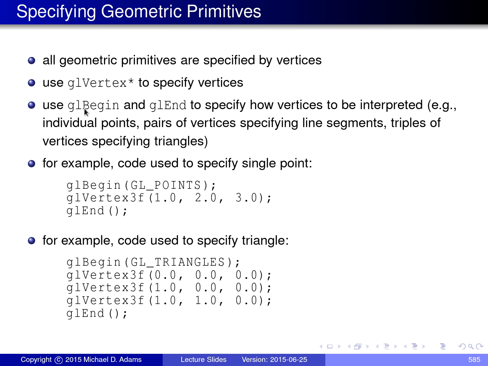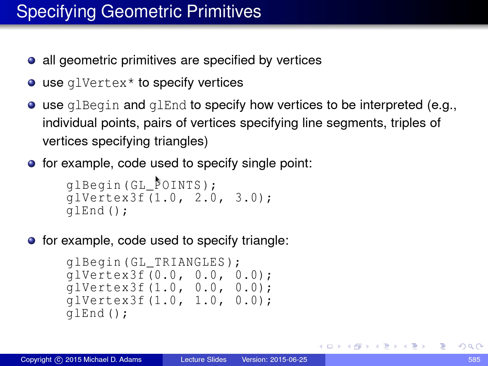And basically what glBegin does is it takes a parameter which specifies how the subsequent vertices are to be interpreted. Are they individual points, pairs of points that represent the endpoints of line segments, and so on. And then glEnd indicates when we're done specifying the vertices associated with the glBegin function call.